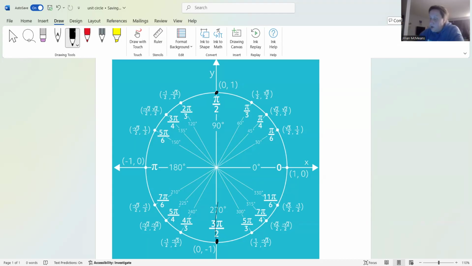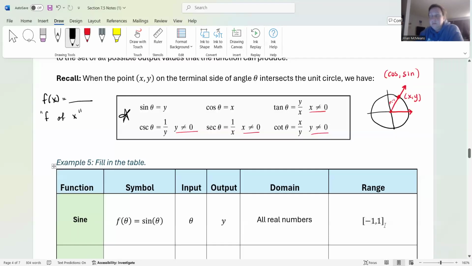The remaining values for sine are somewhere between -1 and 1. So wherever we end up on that circle, we're never going to be as big as 1 and never as small as -1. So the output values are all ratios between -1 and 1. And you can see that we've written that range in interval notation.